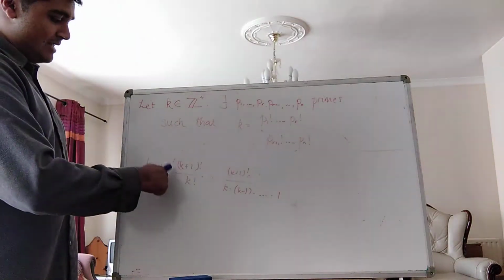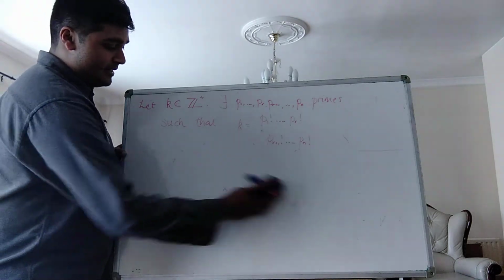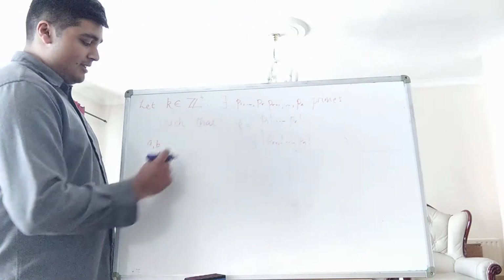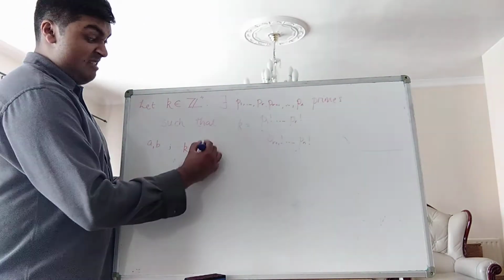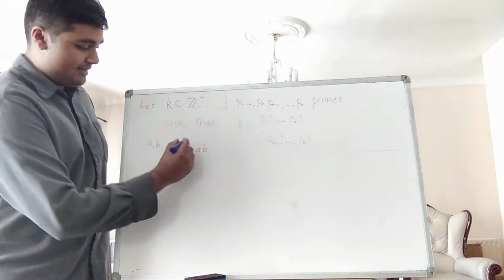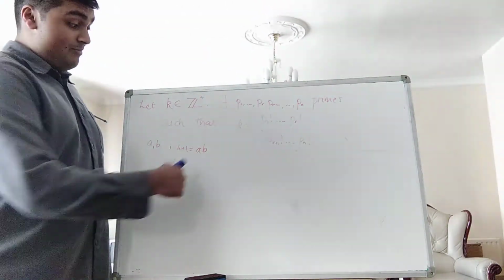But obviously this is the case when k plus 1 is prime. So now suppose k plus 1 is not prime. Well then there must be some numbers a and b such that k plus 1 equals ab, where a and b are positive whole numbers and a and b are less than k plus 1. Okay, and then we just do the same thing.